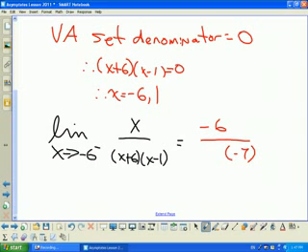Is anybody confused by that? When I substitute a number that's on the negative side of negative 6, so negative 6.000000001, I'm going to get a negative number, because I'm on the negative side of it, and it's going to be very small. Now, negative 7 times a negative number that is very small is a positive number that's very small.